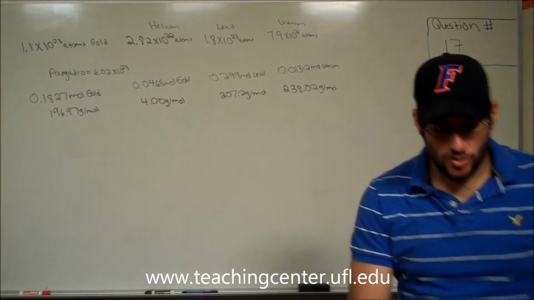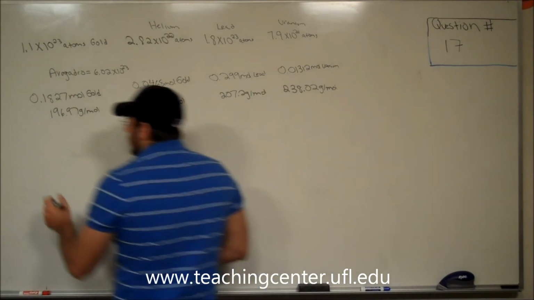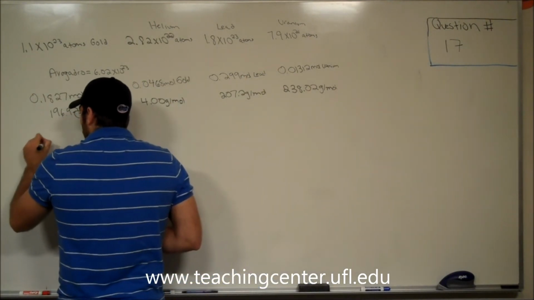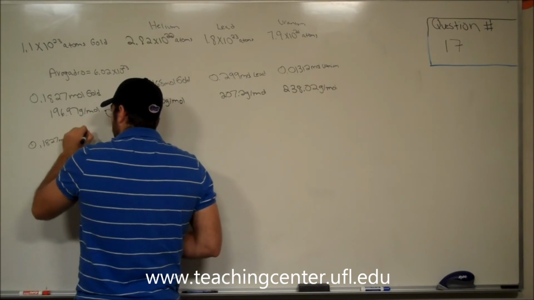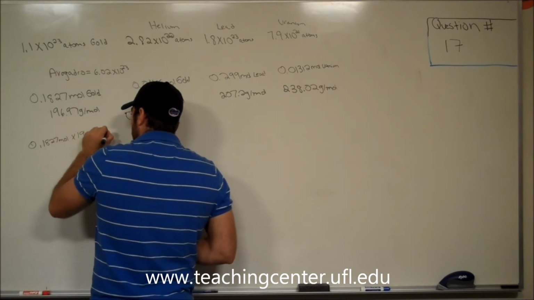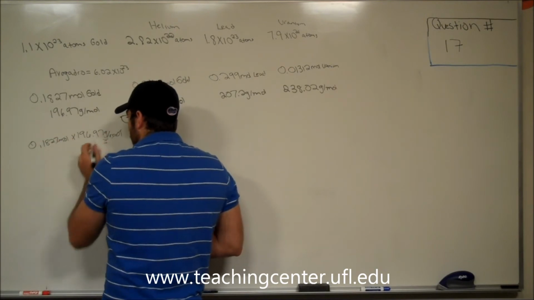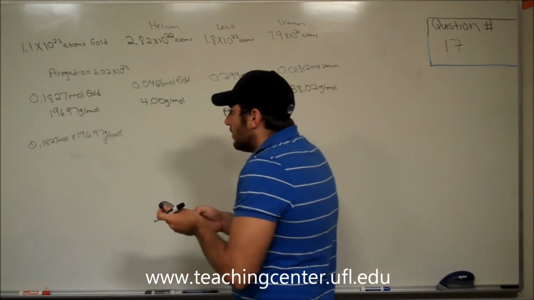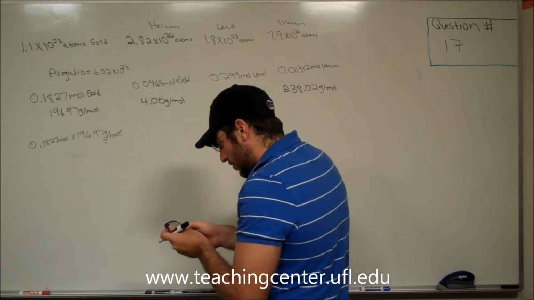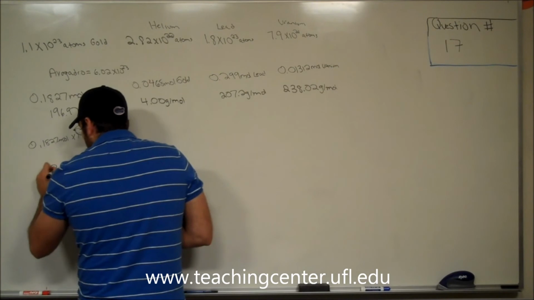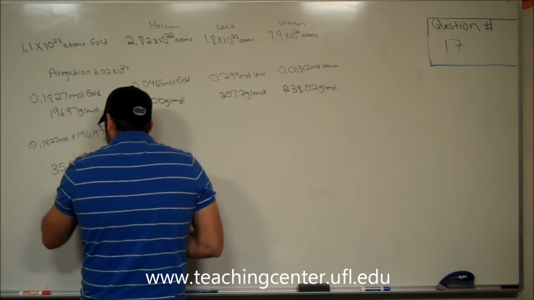So now we have to cross out the moles to get grams. We're going to take 0.1827 moles times 196.97 grams per mole. Moles cross out, and that leaves us with units in grams. When we do that, we get 35.99 grams of gold.